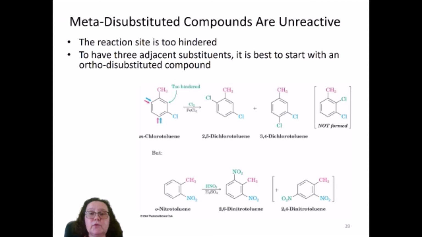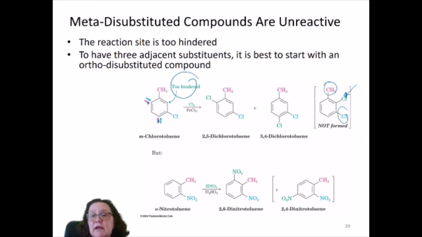So for example, when you are using meta-chlorotoluene, and if you wanted to add, let's say, another chlorine atom, the positions favored by all the substituents would be this one and this one and this one. They are all ortho and para positions. However, this one will not form. There are already two substituents here. The third one will not enter.